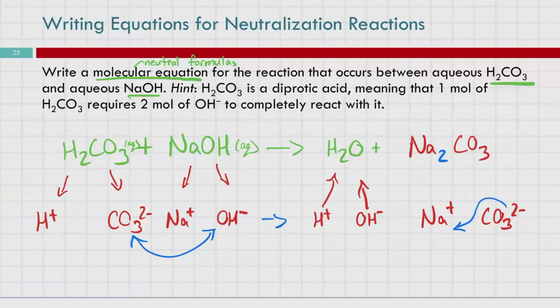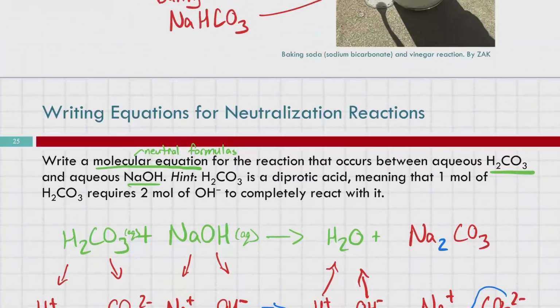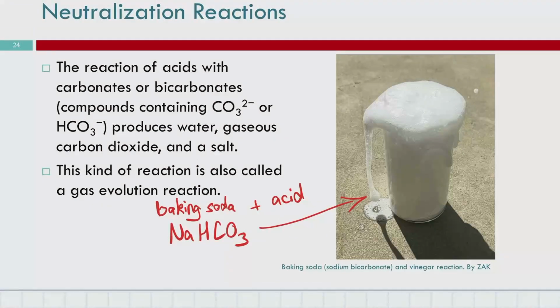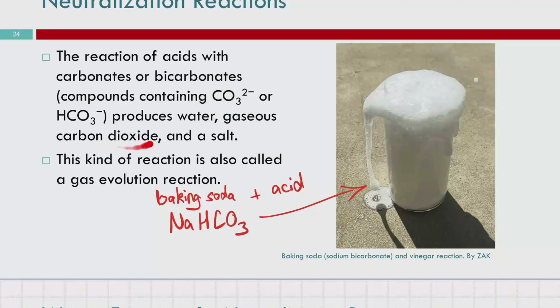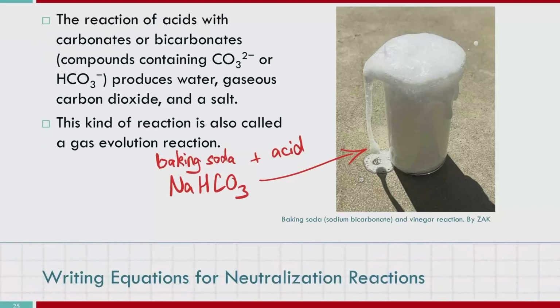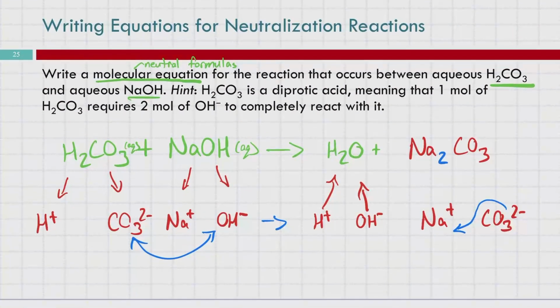To start with, at least. If we wanted to do the neutralization reaction part, this is CO3 2 minus that we have in here, and so this would also produce carbon dioxide if we actually did it.